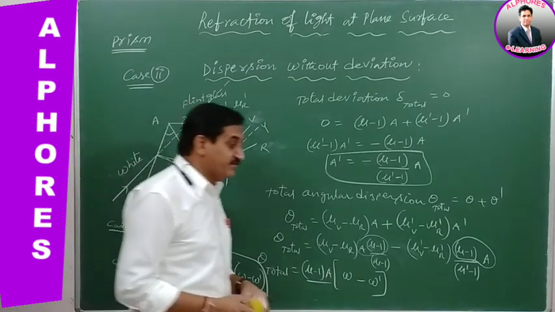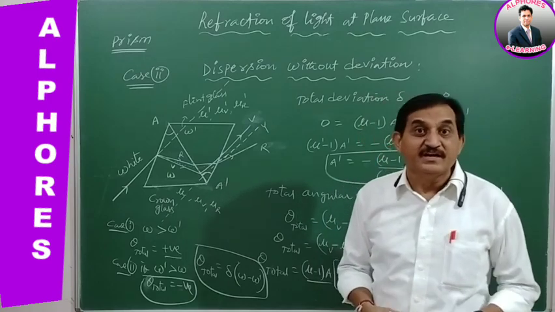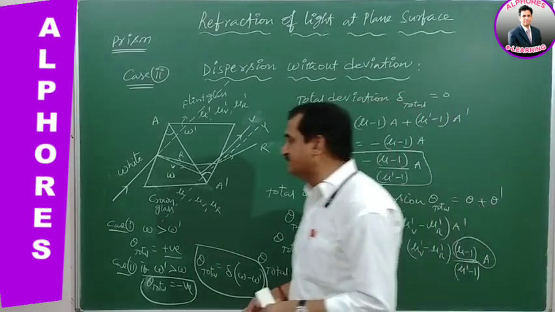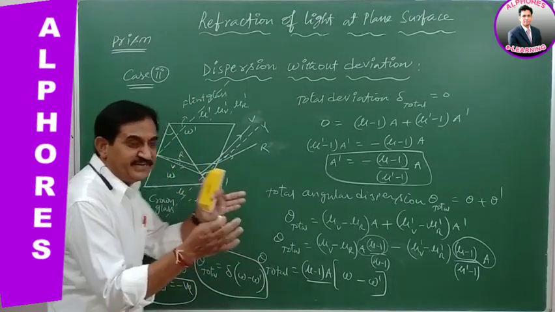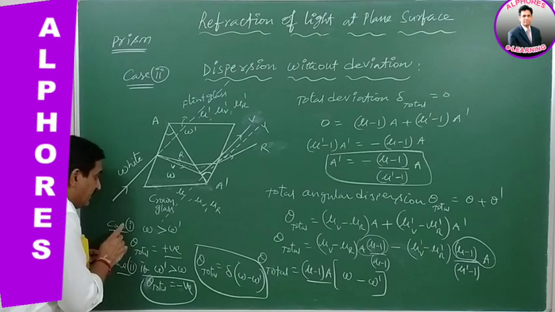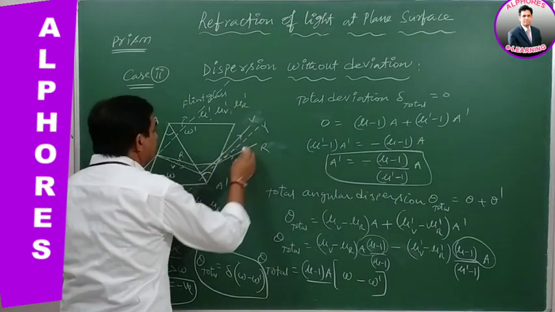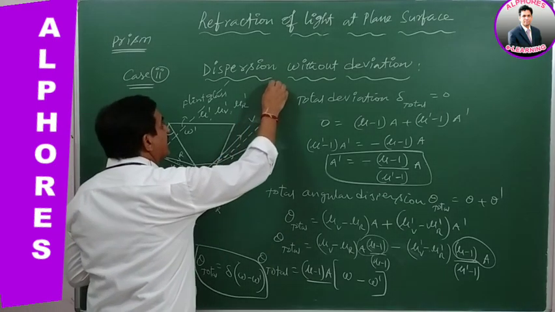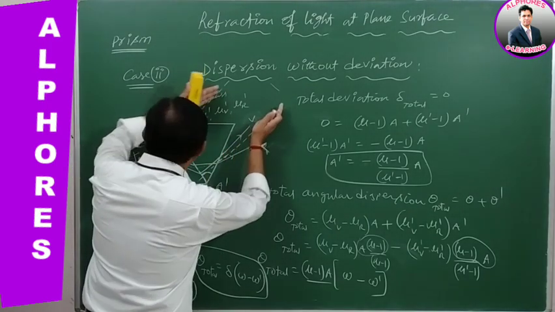And one more very important note. Here this combination is said to be a direct vision prism. Direct vision prism means that when we use this combination on the spectrometer, we can see directly from this side along the same direction, because along the incident ray the spectral lines will also form along the same path, as these two are parallel to each other.